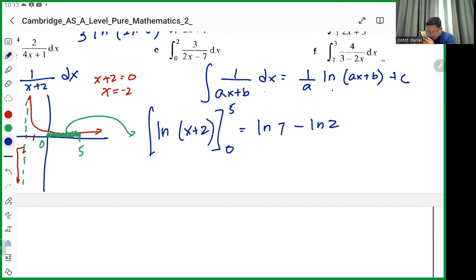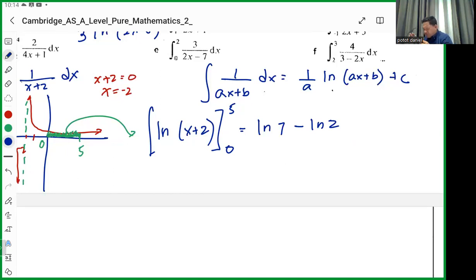Just press it into your calculator. Unfortunately I have no calculator in here, so let me try ln 7 minus ln 2 using the calculator on my phone.